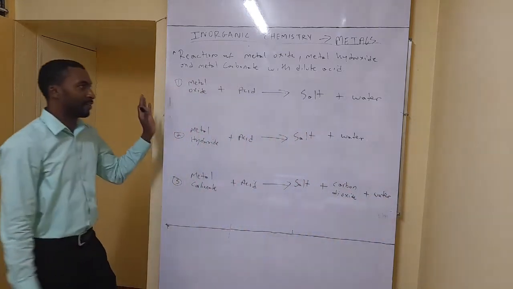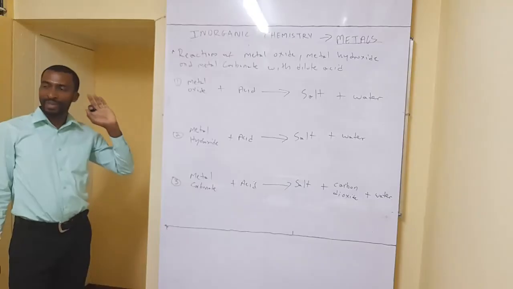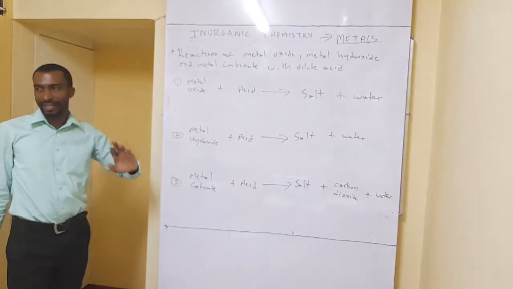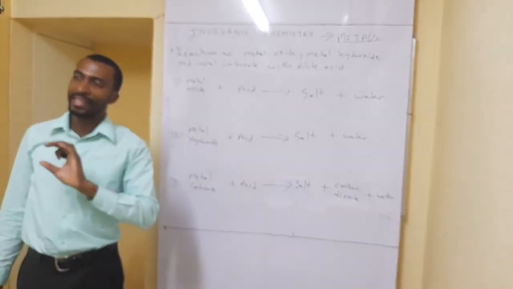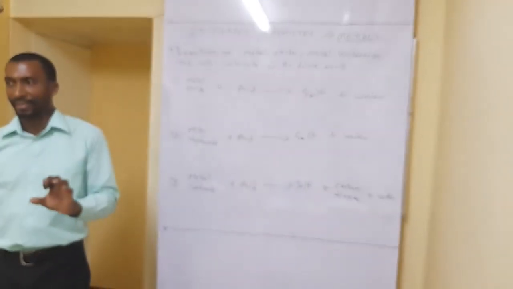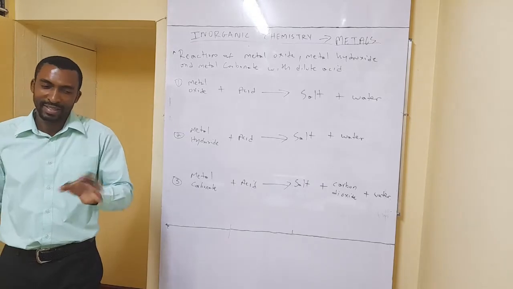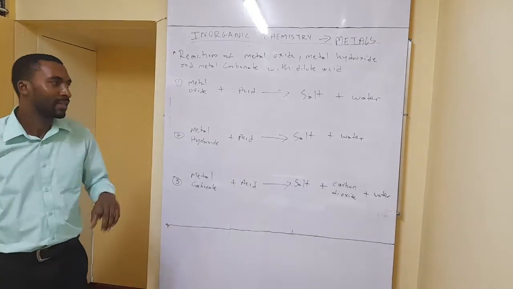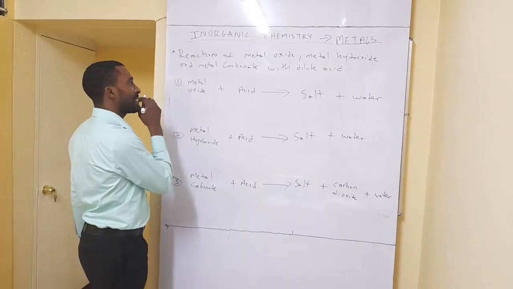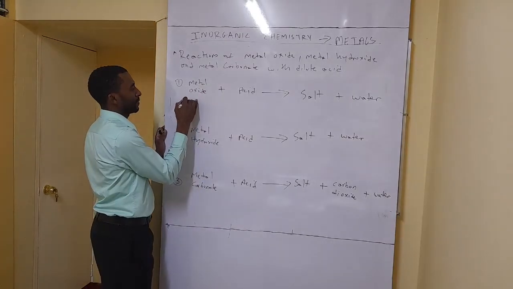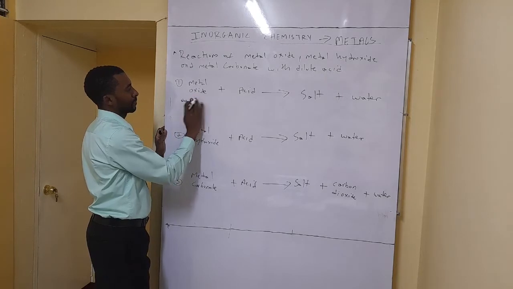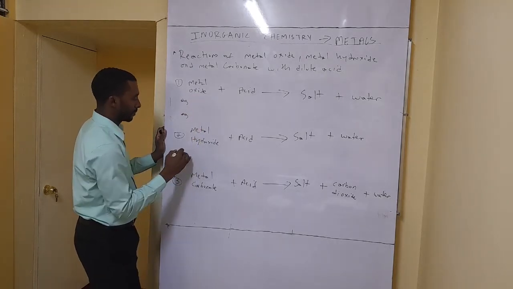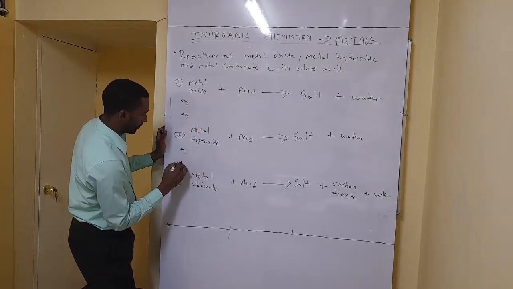If we know the general stuff, then we should be able to just pick a metal, pick an acid. Remember that the acids we're mainly using for the syllabus are hydrochloric acid or sulfuric acid. You have to remember those two acids and know the formulas by heart. So give me an example of a metal oxide here. Aluminum.